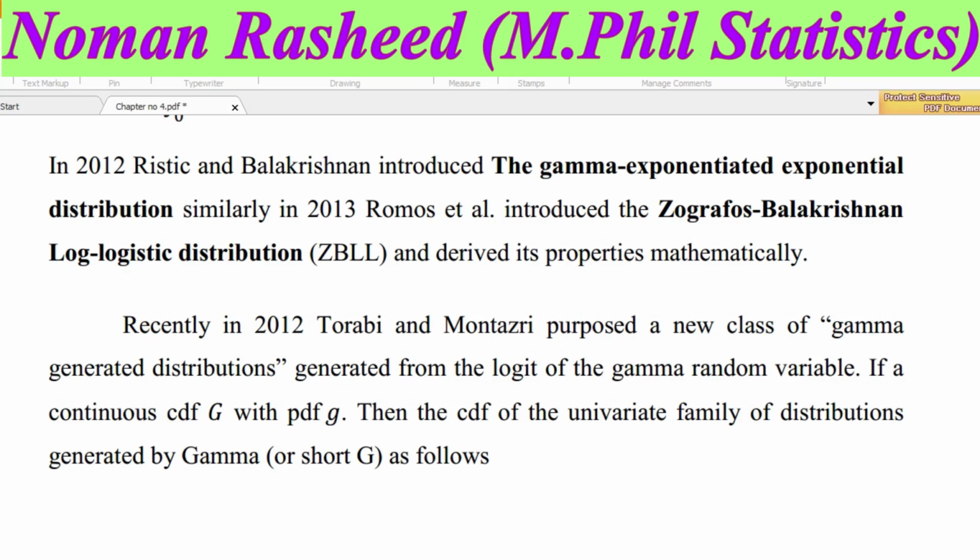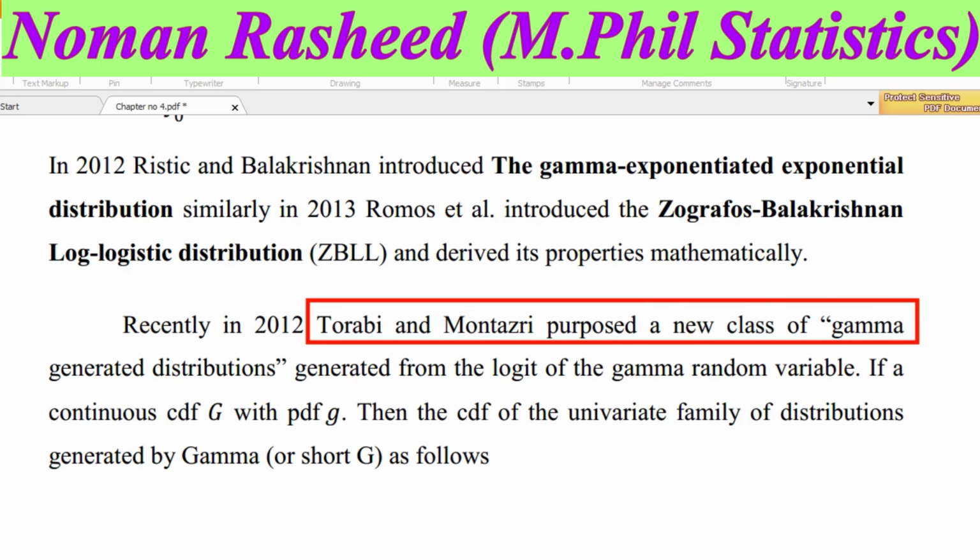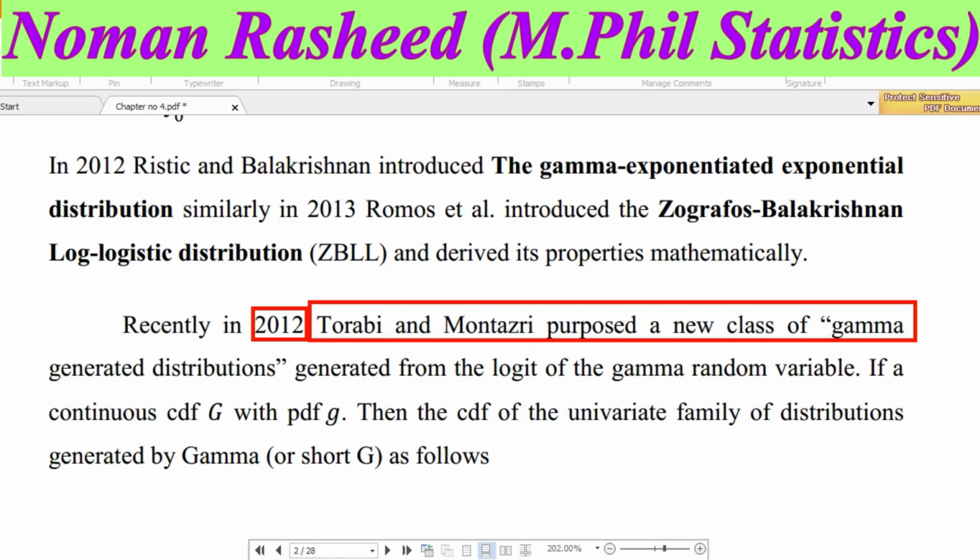Basically, Torabi and Montazeri introduced a new class of gamma distributions, so-called the gamma G class of distributions, in 2012. Both belong to Iran, and they are very keen in research.